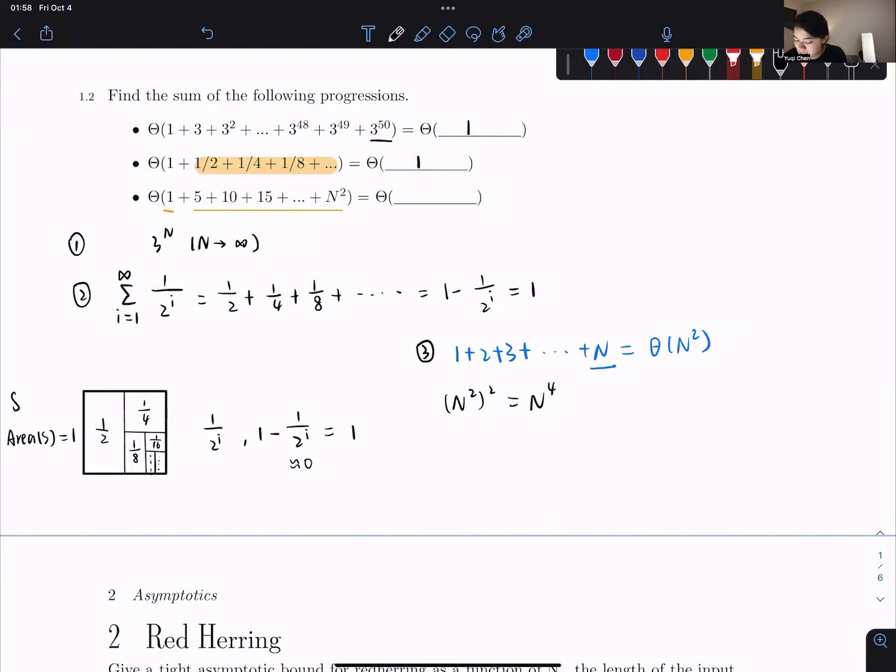Then we add the 1 back, which is just a constant. So we only consider the larger part, n to the power of 4, as the sum of this progression. So we have big theta of n to the power of 4 as the answer for the third progression.